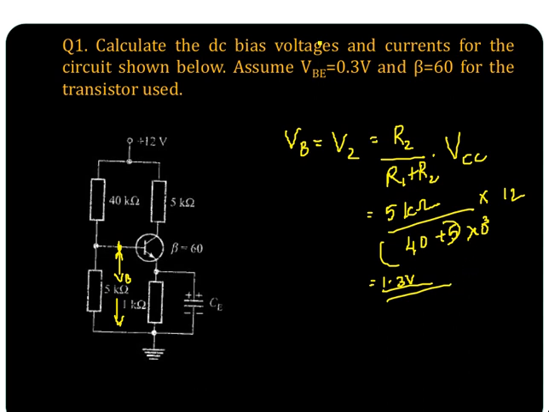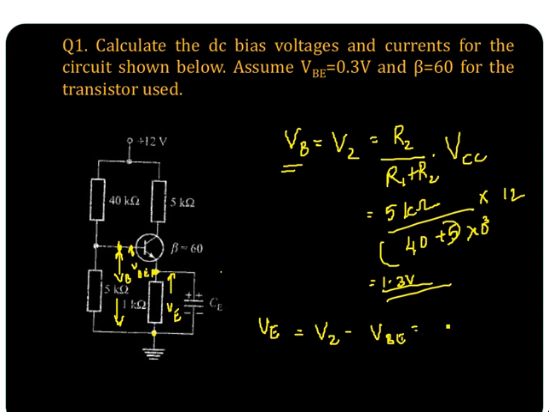Now, what about the emitter voltage? We have to find the DC bias voltages here. You got the base voltage. What about the emitter voltage VE, the voltage across this point and ground? VE is equal to V2 minus the base to emitter voltage VBE, with V2 equal to VB.